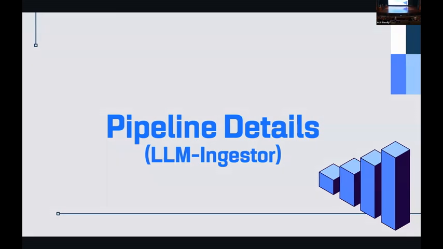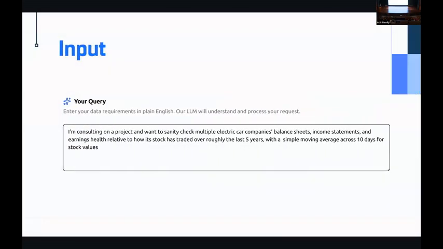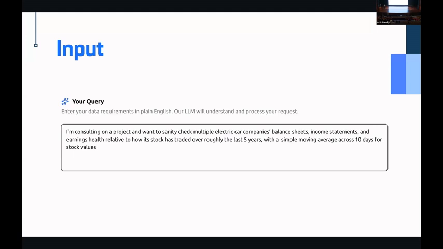First off, we'll start with the first part of the pipeline, which is the ingester, which is split into 2 main parts. First, the LLM, which takes in the input, which is a user human language prompt. In this example, the user's query is that he's trying to compare multiple electric car companies' financial sheets and their stock prices within the past 5 years, so that he can sanity check them.